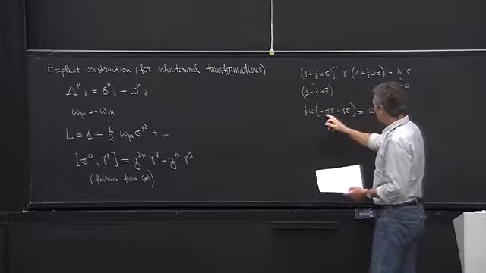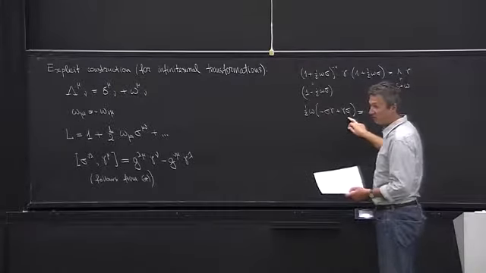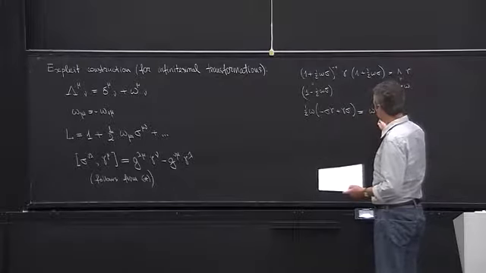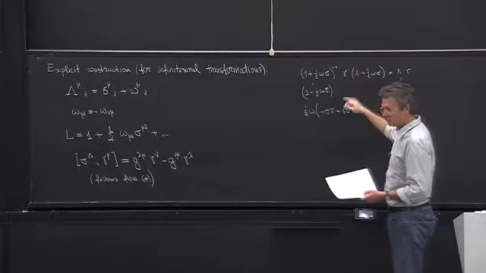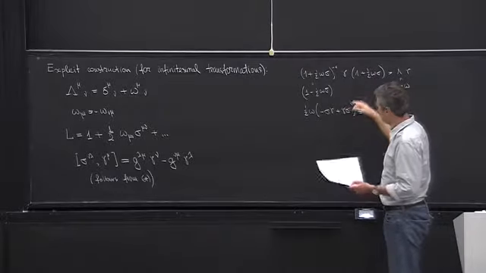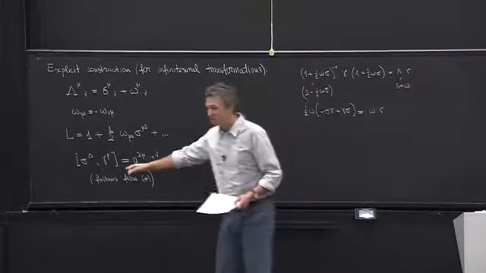Then you just equate the coefficient in front of the gamma on the left-hand side to the coefficient of the gamma on the right-hand side. If you do it accurately with all the indices explicitly written down, you just get this equation.